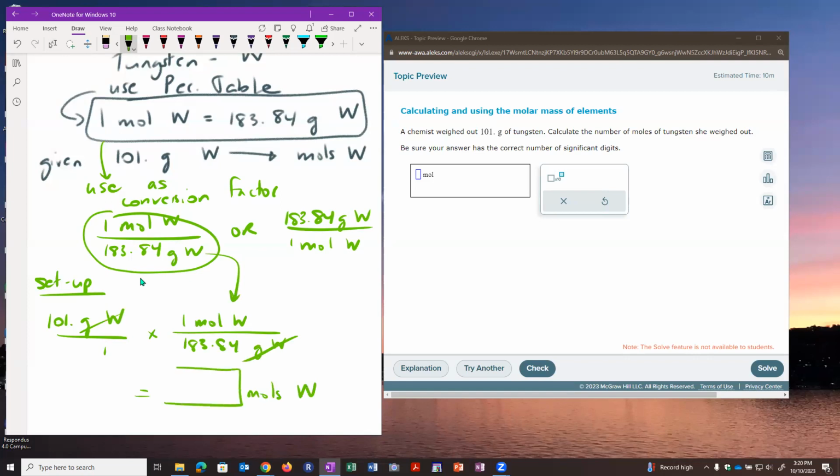You need to evaluate that using your calculator, and then make sure that you round to the correct number of sig figs. As a quick reminder, we have 3 sig figs here, and in our molar mass, we have 5 sig figs. So our final answer needs to be rounded to 3 significant figures.